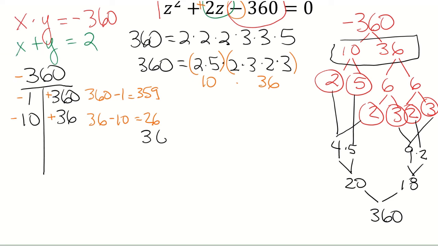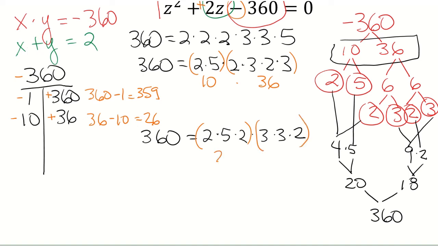So then I can try rearranging these numbers again. And so this time I decided to try 2 times 5 times 2 times 3 times 3 times 2. So I'm still using my prime numbers, but this time I'm just grouping them a little bit differently.